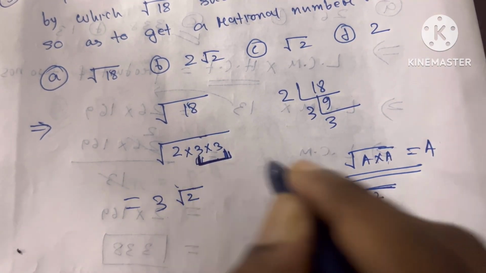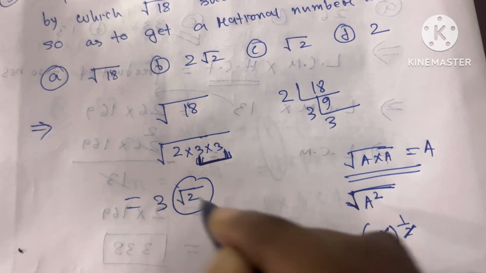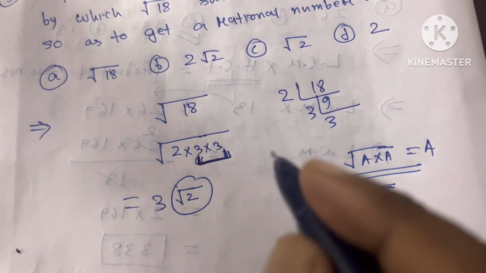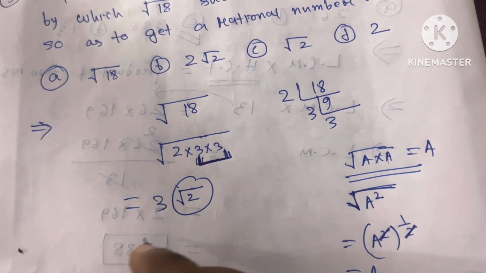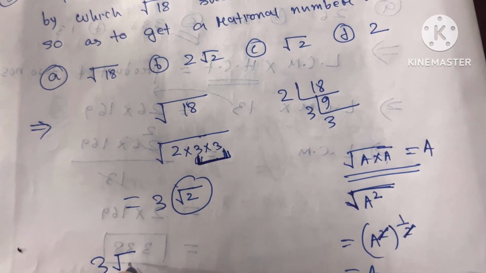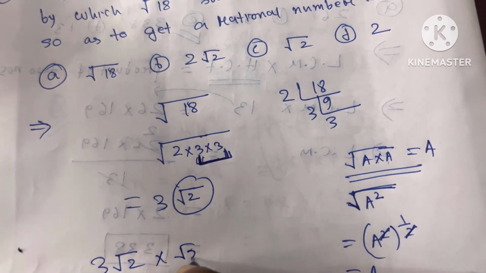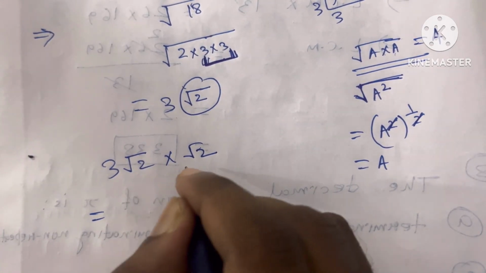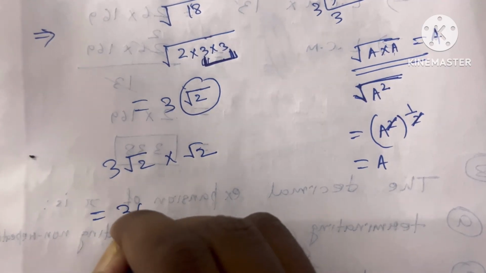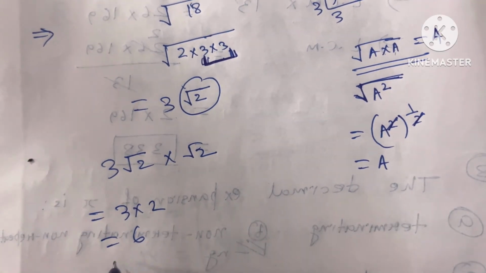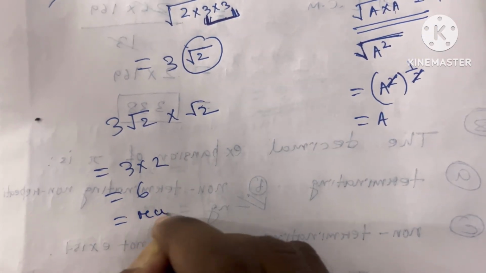We have to remove root 2. For removing root 2, you have to multiply 3 root 2 by root over 2, because then we get 3 into 2, the answer will be 6, which is a rational number.